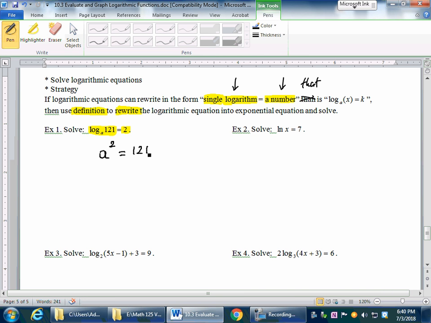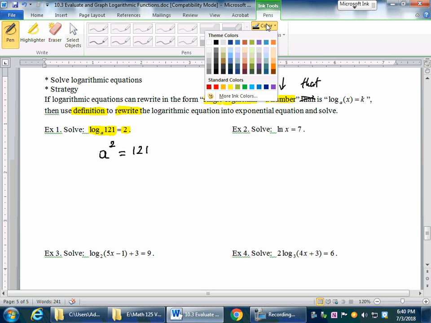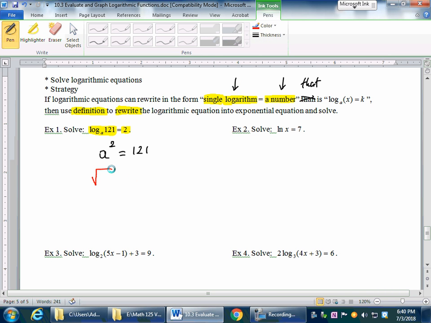So now I rewrote it into an exponential equation, and I can solve for a easily using the square root property. When I take the square root on both sides, plus or minus square root, right? Because we are solving a quadratic equation now. So a to the second power is equal to 121, so a is equal to plus or minus 11.